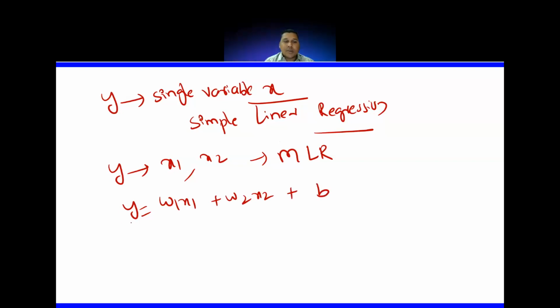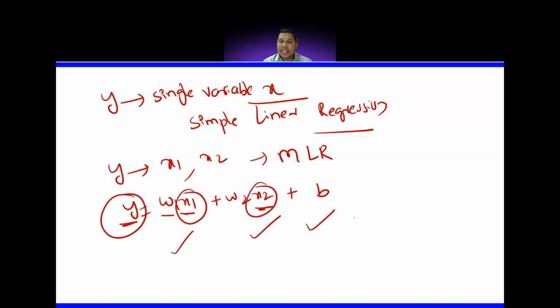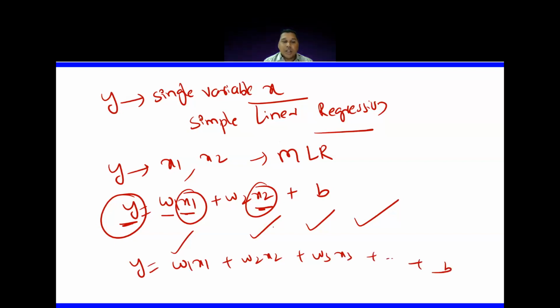Here y is dependent on two variables x1 and x2, like the amount of power generated depends on the wind speed as well as the temperature. Sometimes it is wind speed, temperature, pressure and humidity, all four. In such a case, your equation looks like w1 x1 plus w2 x2 and so on, plus b. All this is called multiple linear regression.